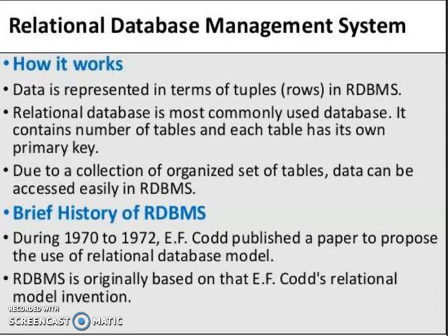A relational database management system is a database management system that is based on the relational model that was introduced by E.F. Codd during the 1970s. Relational model represents data in the form of a table.